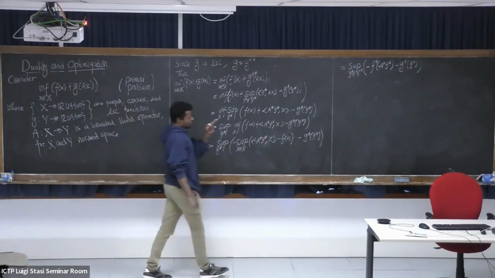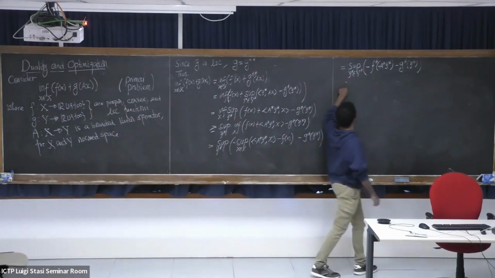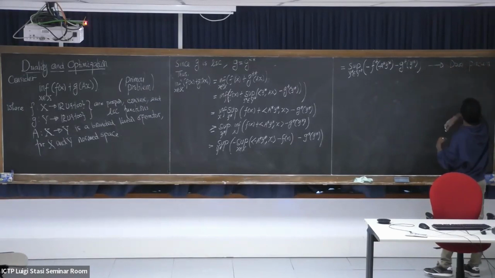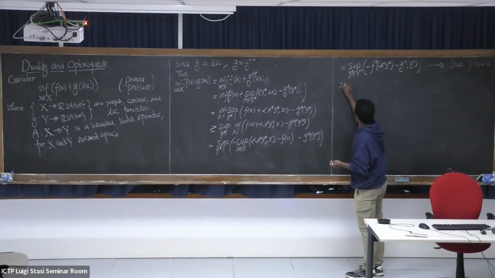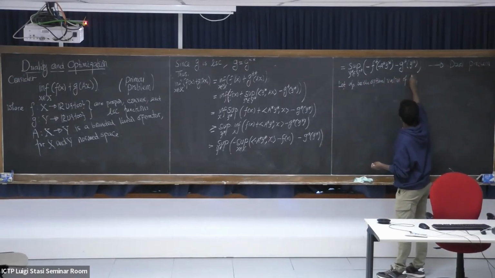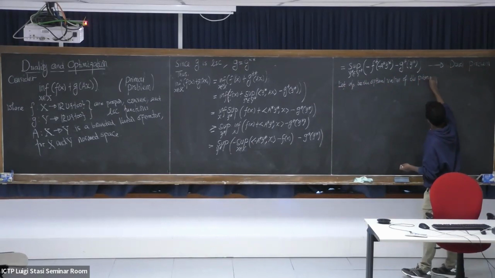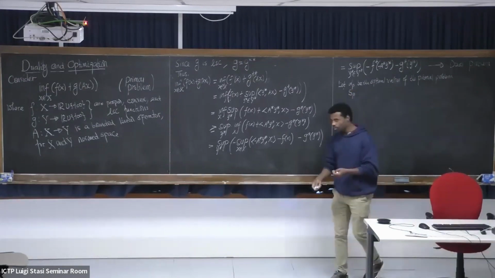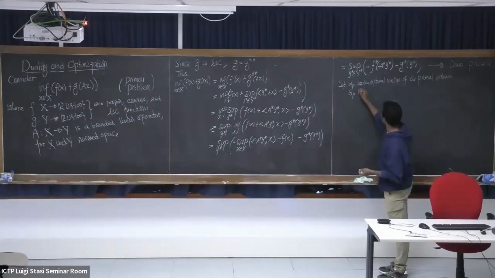So this problem is called the dual problem. Now let alpha p be the optimal value of the primal problem, and let S be the solution set of the primal problem.